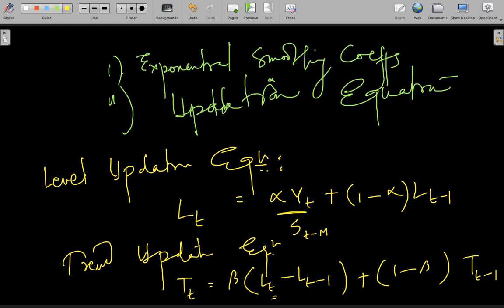So I don't have to do any adjustment for this. That is why the second equation is just as we have seen for Holt exponential smoothing.